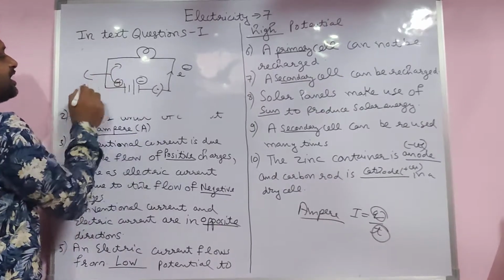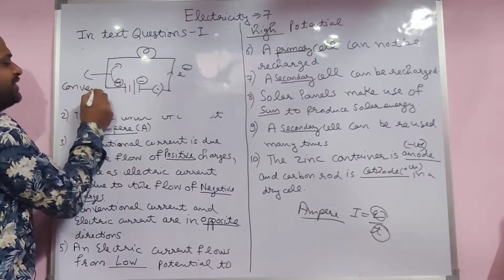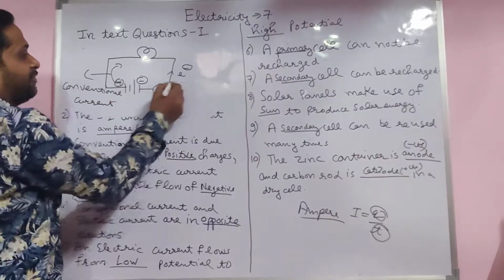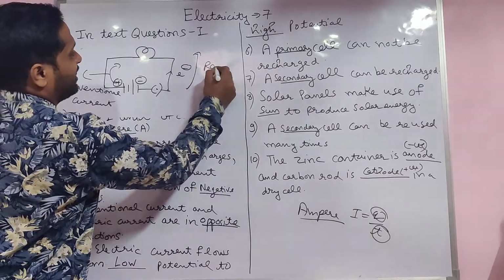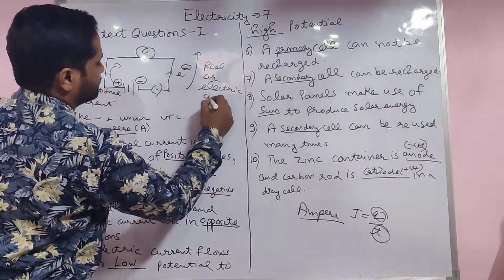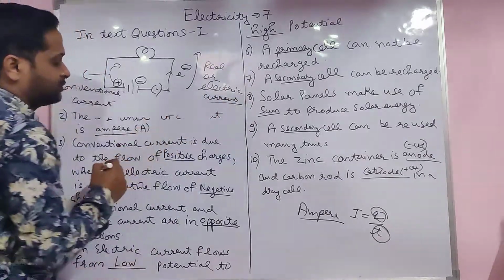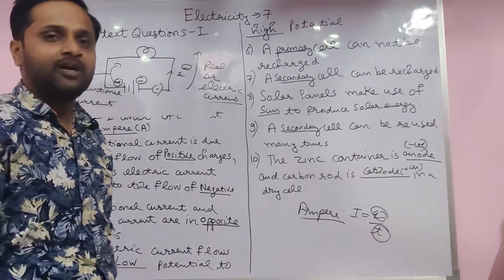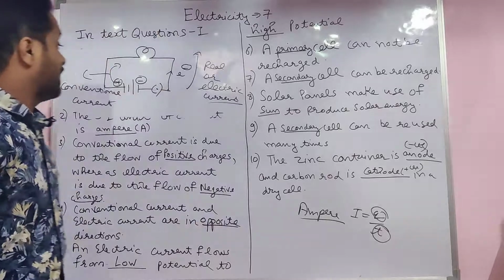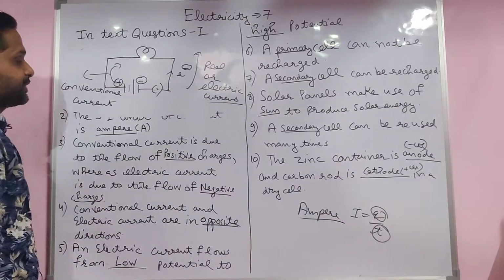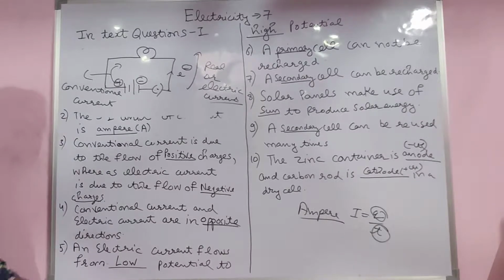Where the positive charge flows, that is called conventional current, and where the electrons flow, that is called real or electric current. So conventional current is due to the flow of positive charge, and electric current is due to the flow of negative charge, electrons.